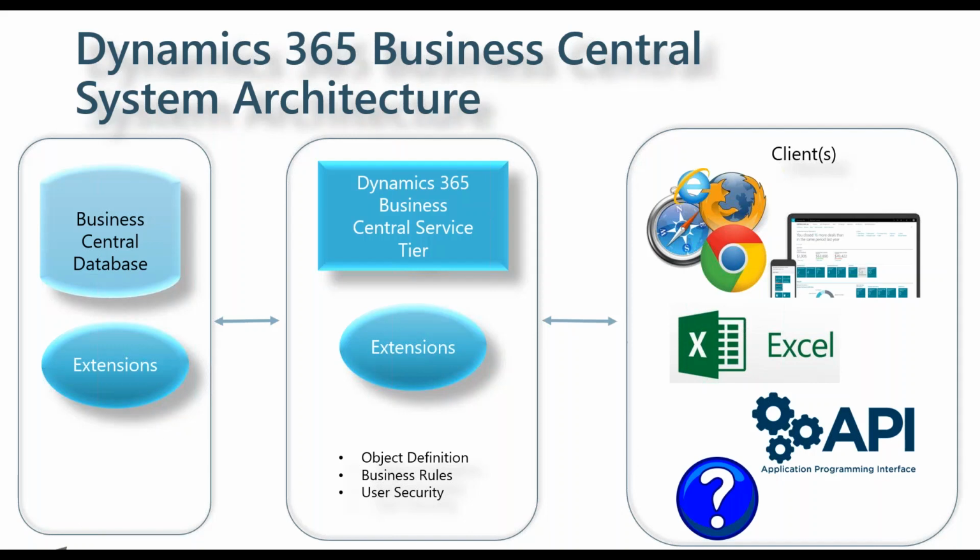I could be using Excel. We'll talk a little bit about edit in Excel. I could create my own API into Business Central, and then a question mark there is anything else that could be on the horizon or in the future to interact with the application. Those all are clients and they interact with the business service tier. The key thing here is that object definition, business rules, and user security do not reside in the client, they reside in the business service tier.